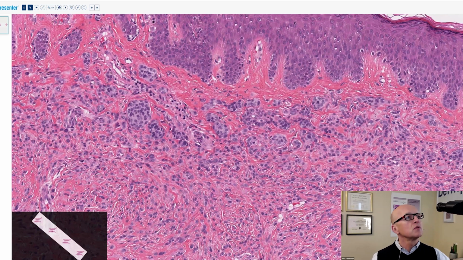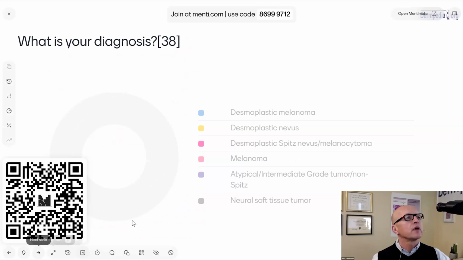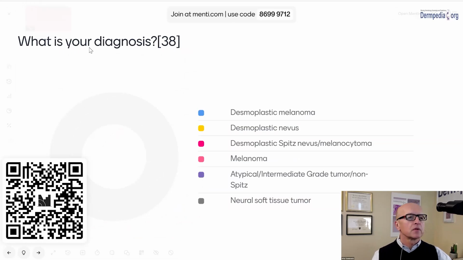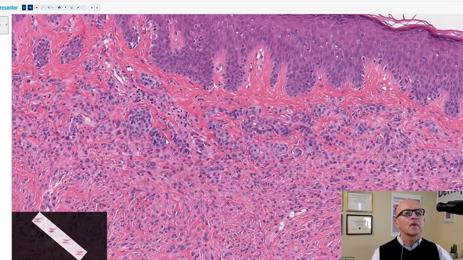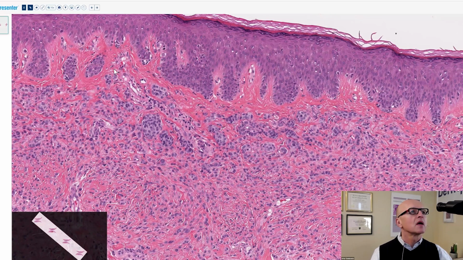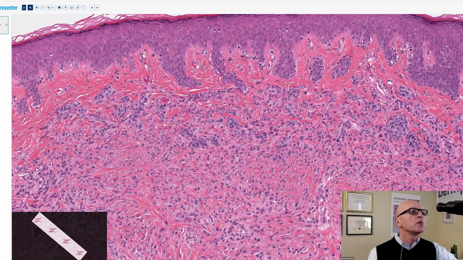So let's go to the Mentimeter and share what you think about this case. From the options that I provided for you, what would be your favorite diagnosis on this case?